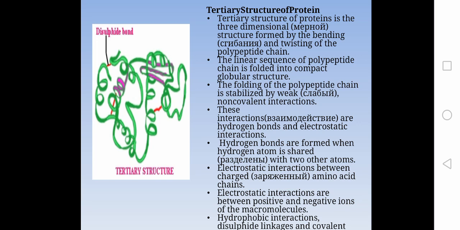These interactions are hydrogen bonds and electrostatic interactions. Hydrogen bonds are formed when a hydrogen atom is shared with two other atoms. Electrostatic interaction is between charged amino acid chains. Electrostatic interactions are between positive and negative ions of the macromolecule.